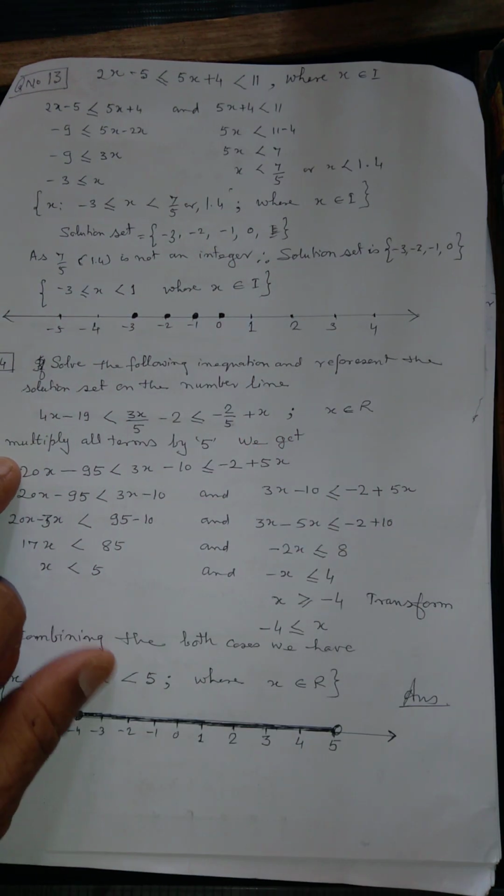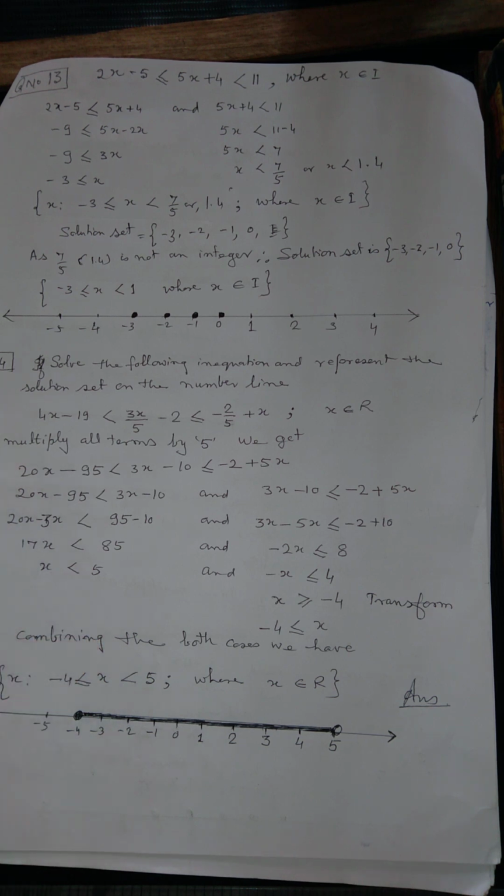Now proceed to question number 14, which states: solve the following inequations and represent the solution set on the number line. 4x minus 19 less than 3x by 5 minus 2 less than or equal to minus 2 by 5 plus x, where x belongs to real number.